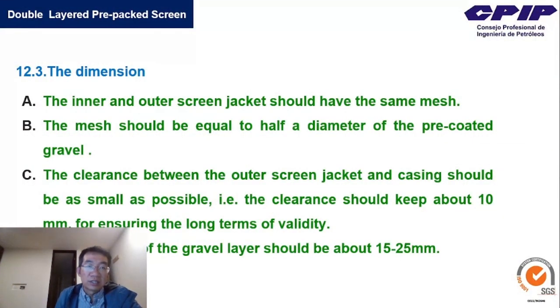The dimension of the inner and outer screen jacket should have the same mass. The mesh should be equal to half a diameter of the pre-coated gravel, and the clearance between the outer screen jacket and the casing should be as small as possible.